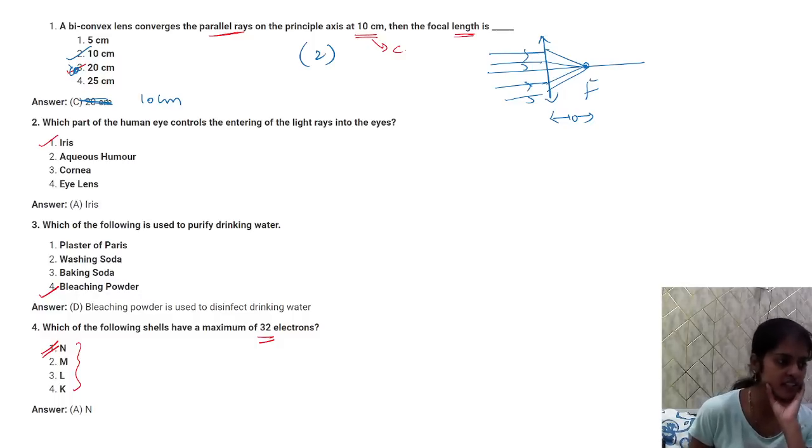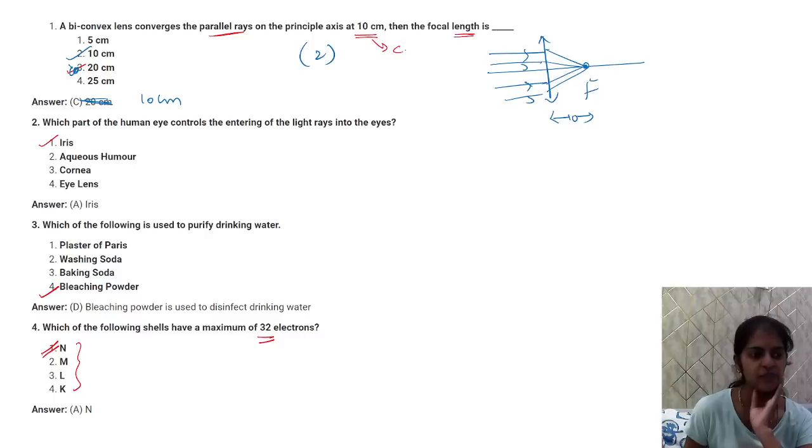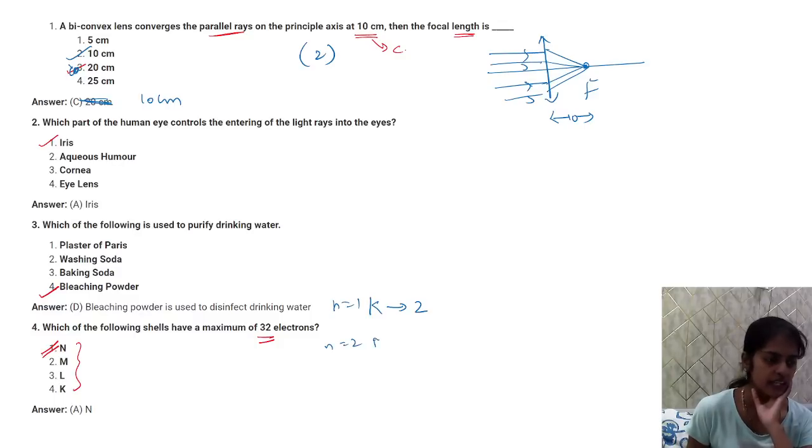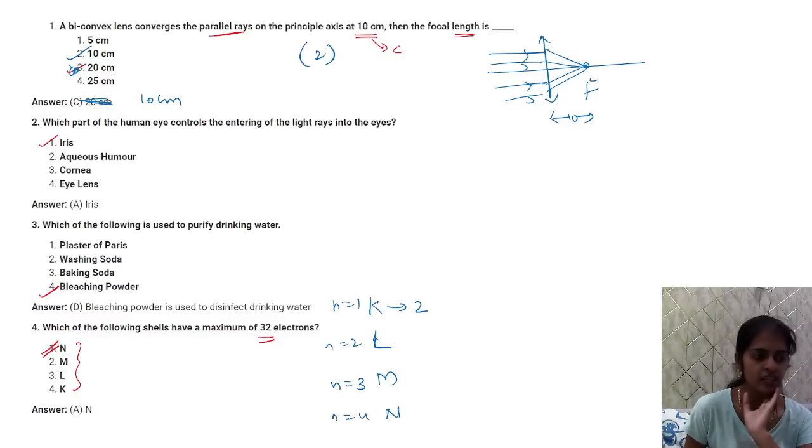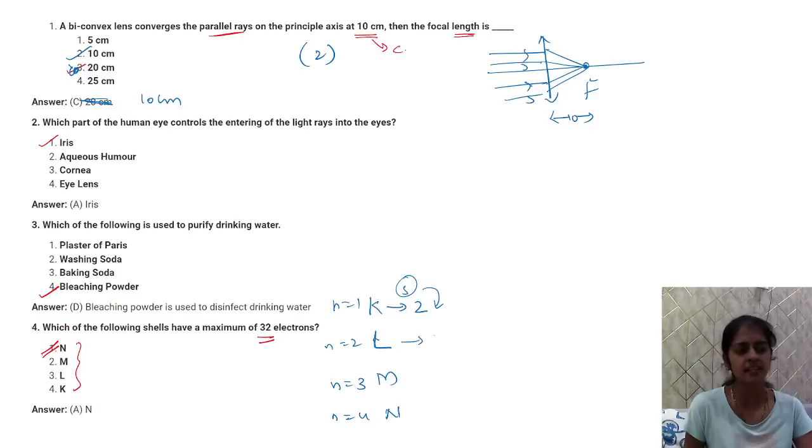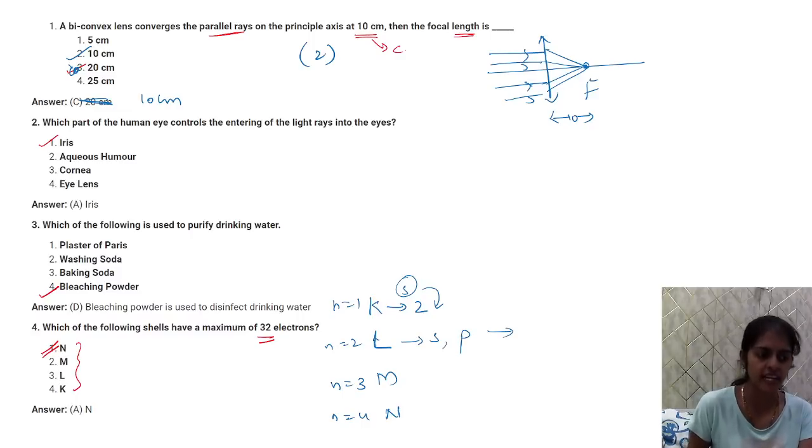Which of the following shells have maximum 32 electrons? So K shell has only 2 electrons, isn't it? So n equal to 1, K shell. N equal to 2, L, M, N equal to 4 means N. Okay, so here only S orbital is there, only 2 electrons. Here S and P you will have. So S has 2, P has 6, so total 8. Here you will have S, P, D orbital.